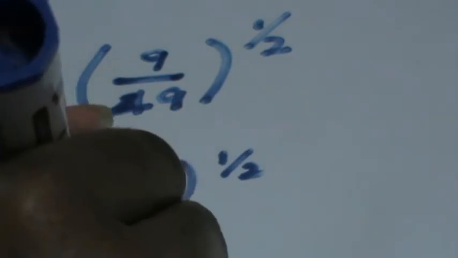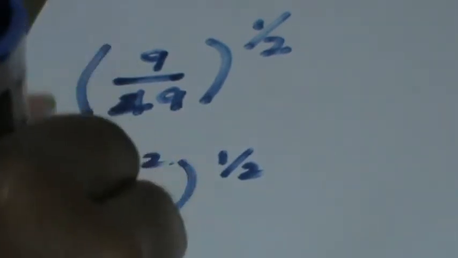So now you can do this in 2 ways: either make the whole term inside this bracket a whole square, or you can take individual terms. I'll do it in both ways. My first way would be to make it a whole square. So 3 squared by 7 squared can also be written as 3 by 7 whole thing squared, and that was the term inside this bracket.